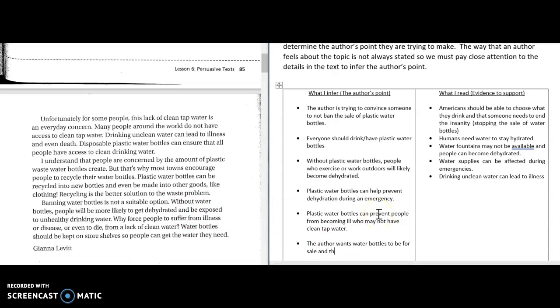Oh yes, and that people need more information about recycling, meaning that banning plastic water bottles is not really going to help solve the problem. So what I read here was that recycling is a better option for the waste problem.